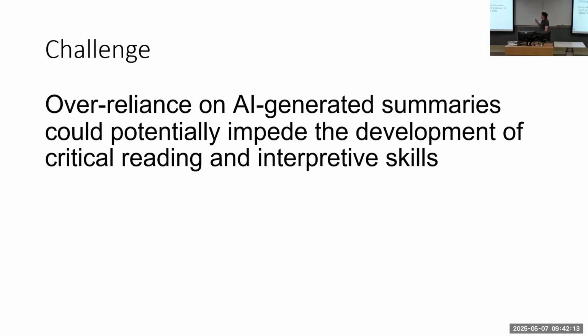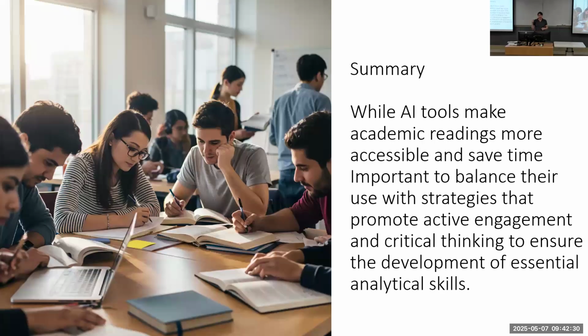Similarly, with AI tools, if we over-rely on AI-generated summaries, it can cause some lack of practice in the reading skills. So what we need to do is help teach them how to critically read and keep that in mind to directly teach. So it's a balance.